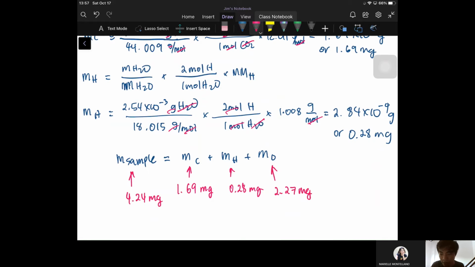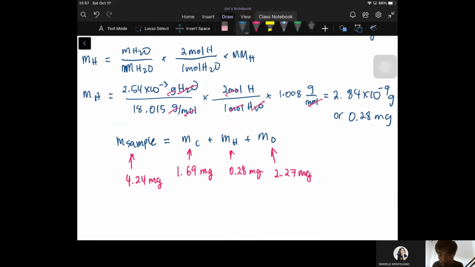So, paano na-solve yun? You just transpose this equation. Okay? Itong term na to, lipat mo lang yun dun sa kabila, no? So, that's the mass of oxygen equal to mass ng sample minus mass ng carbon, mass ng hydrogen. So, ito yung formula na nandun kanina sa earlier example natin. No?